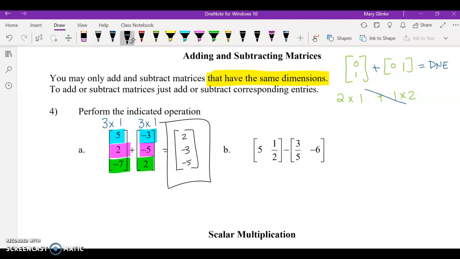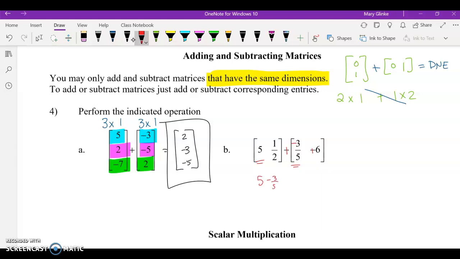For the negative, when you are subtracting them, I would strongly recommend changing this to addition and changing every single item in the second matrix, in order to make sure that I subtract each and every one. So now I can do 5 and -3/5.